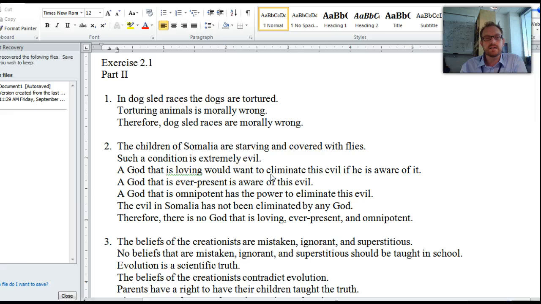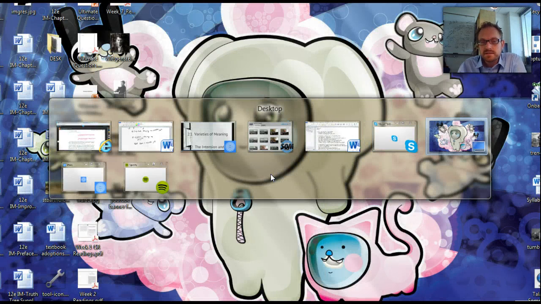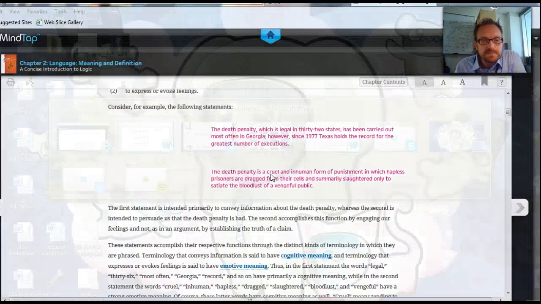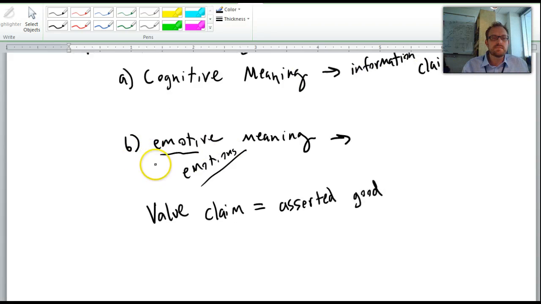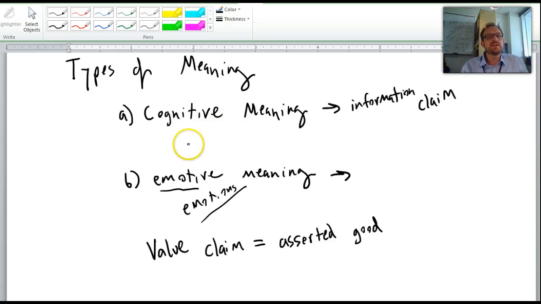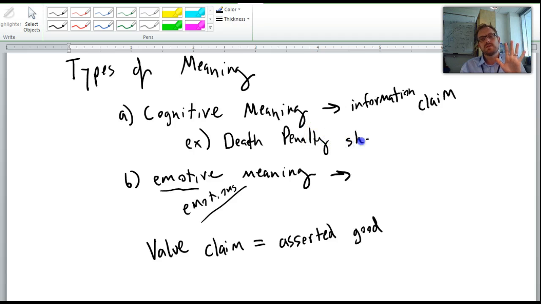So let's go back here. Let's see, where am I? Sorry, right? So the emotive. So for example, the example with the cognitive meaning. If we go back to the example, the cognitive meaning there was that the death penalty should be abolished. I think that's the cognitive meaning of that example.